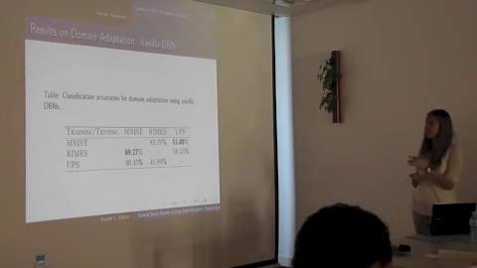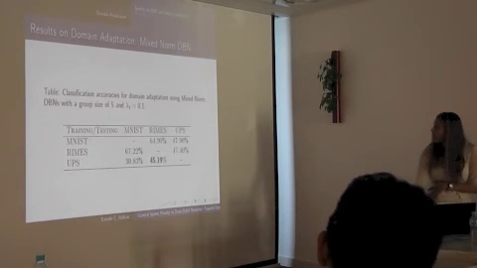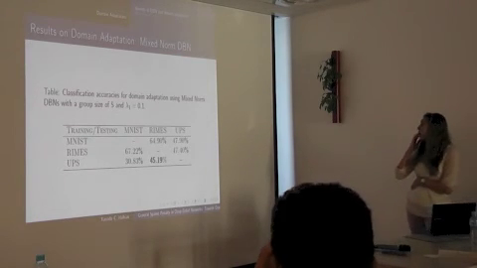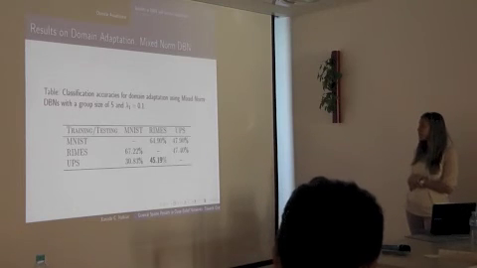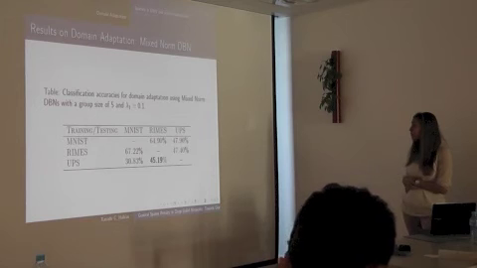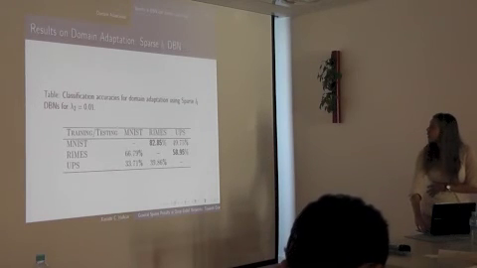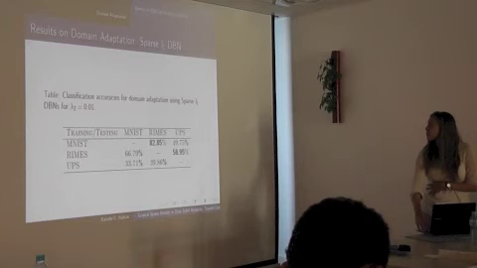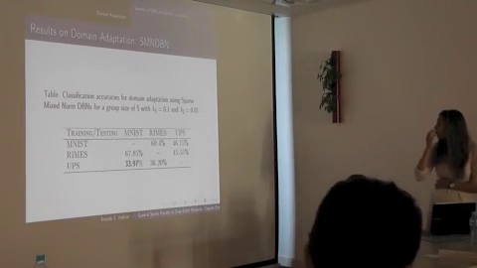The same happened for RHYMES and NIST. Then we used the mixed norm DBN, and we got the highest for USPS and RHYMES. And for the sparse, we were able to get NIST RHYMES and RHYMES USPS, and finally the sparse mixed norm.